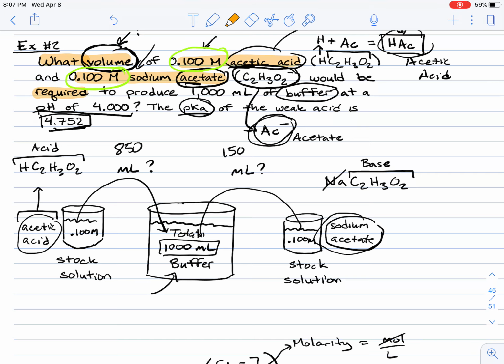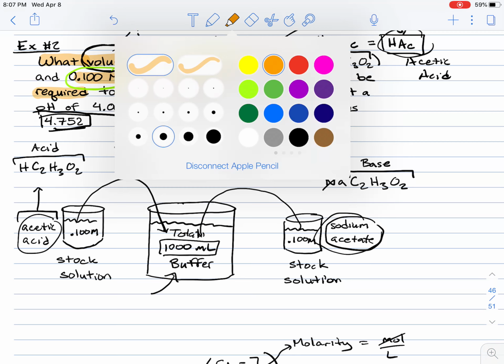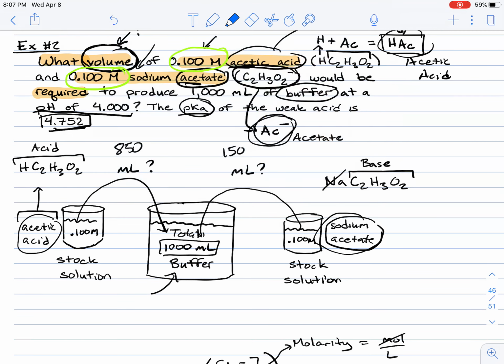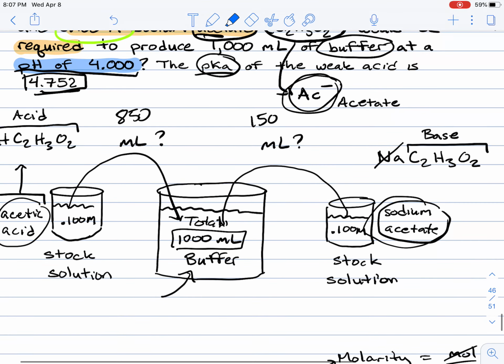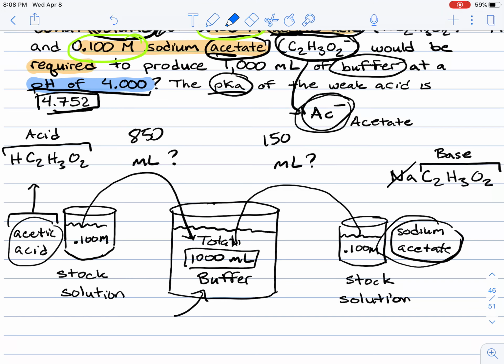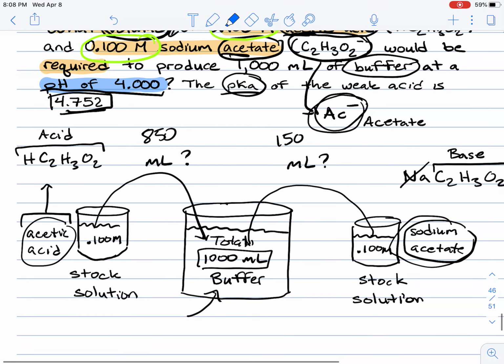If the concentration and the volume are correct, then the pH of that buffer should be 4. Now, if it's not 4, you can add a little bit of acid or base, depending on how far off you are from a pH of 4.